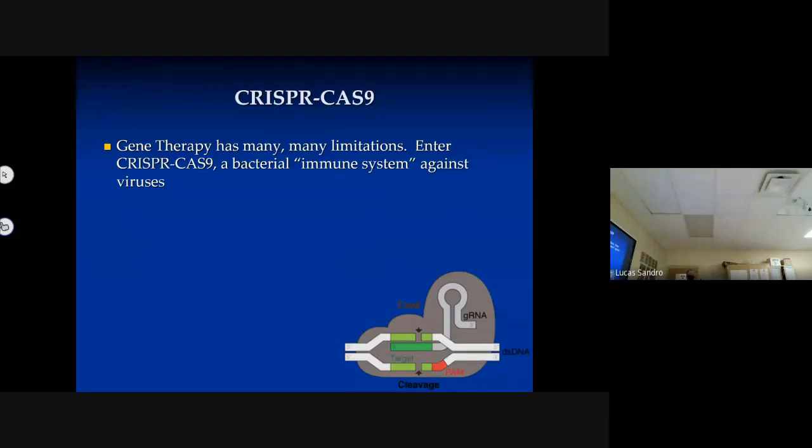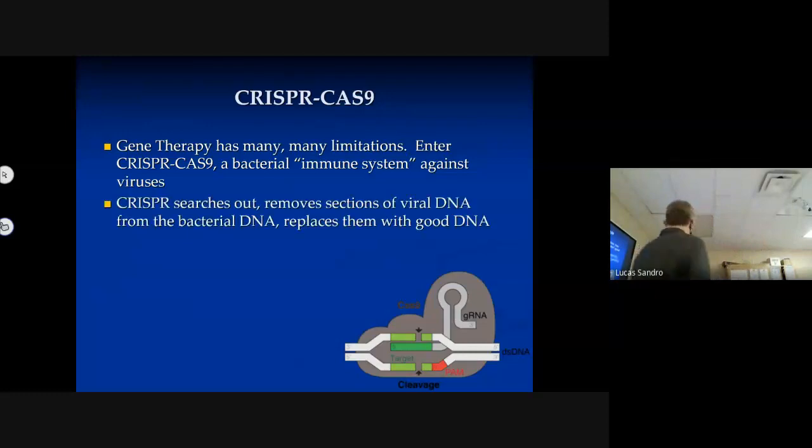It is how bacteria fight off viruses. It's a lot like an RNA polymerase, the enzyme that runs along the DNA and pairs up RNA, except what CRISPR does is it runs along bacterial DNA, looks for viral DNA that's been injected by bad viruses and fixes it. It searches out, removes, and replaces viral DNA from bacterial DNA.